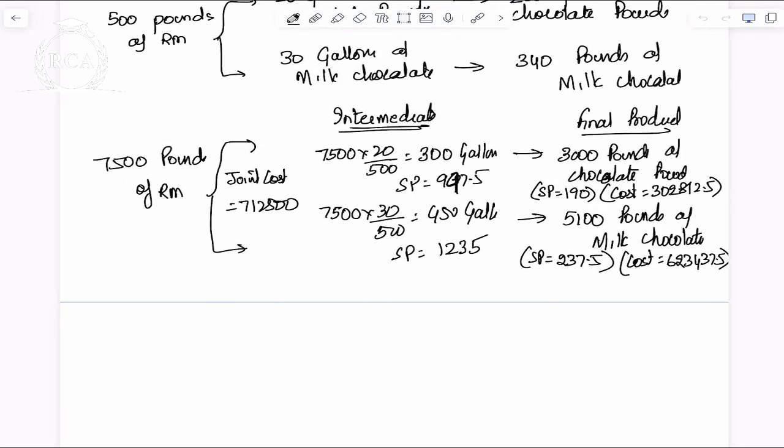If you're done, beta, we'll start allocating joint cost. You can also start, guys. You know how to allocate on the basis of sales value split off point, right?